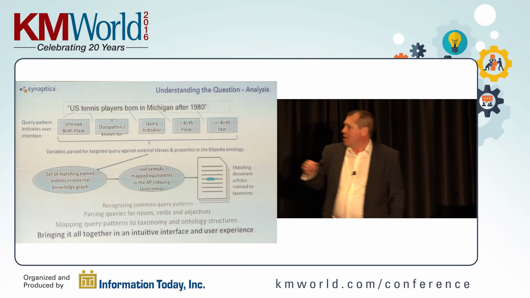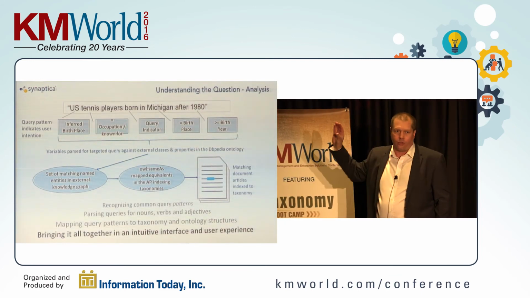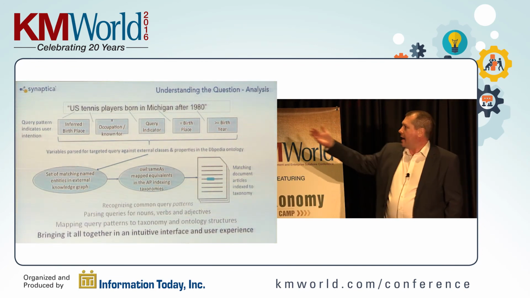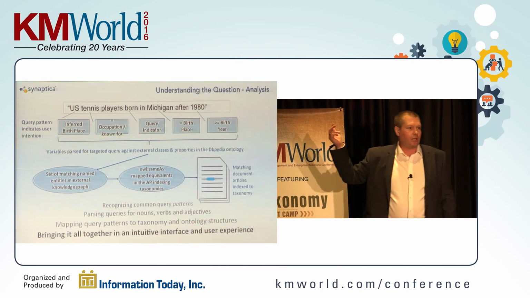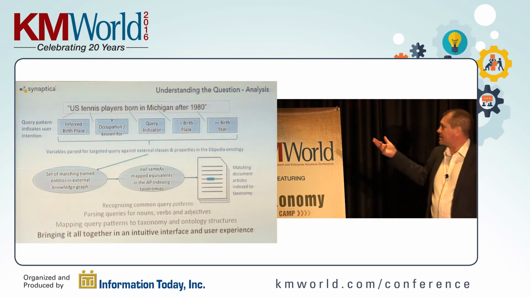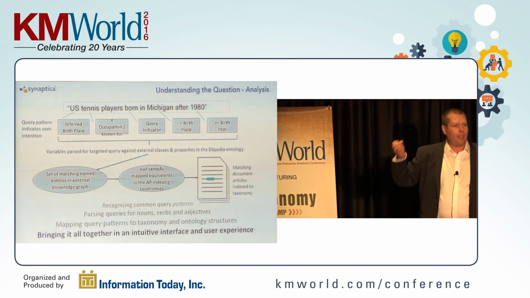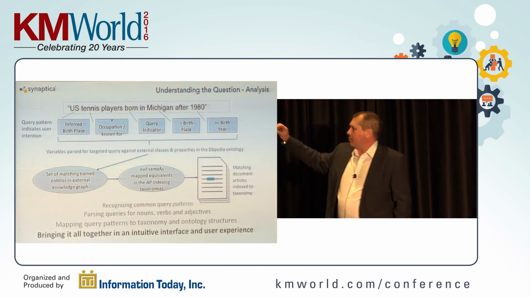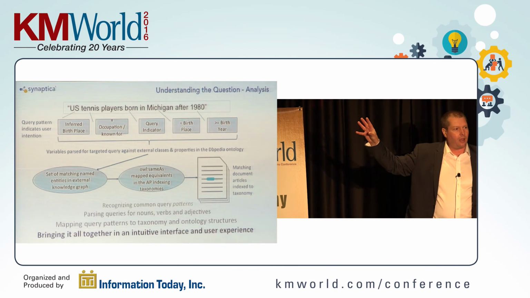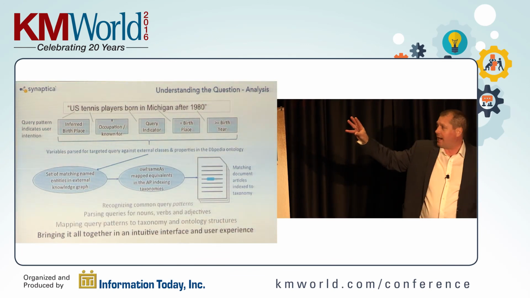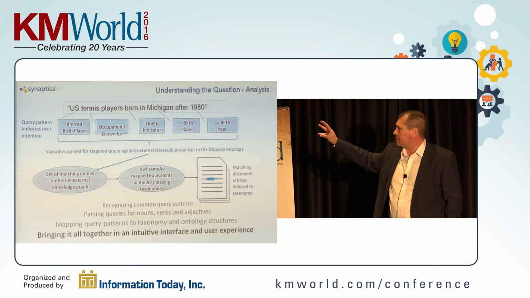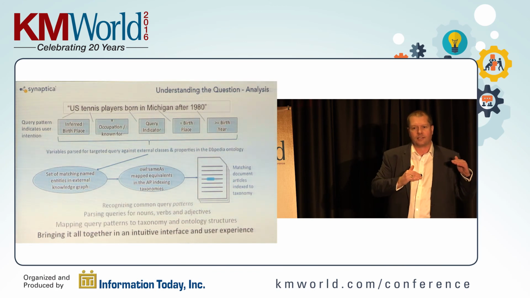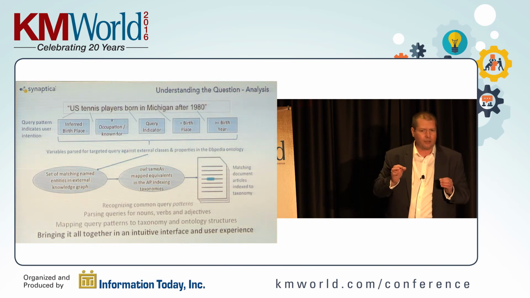Next, please, Ryan. A very important thing that happened there, without you really thinking about it, is natural language search was entered, US tennis players born in Michigan after 1990. And that was processed in a very targeted, intelligent way. And if you can picture doing this without a natural language processor there, an intent engine, as it's called, you'd have an expert user screen with lots and lots of facet filters and parameters that you can combine.